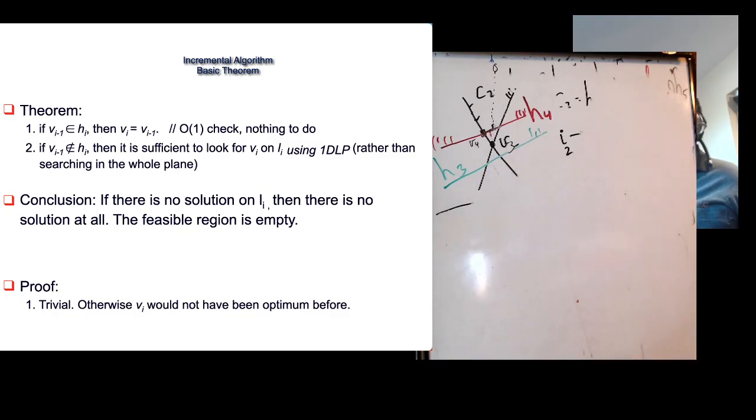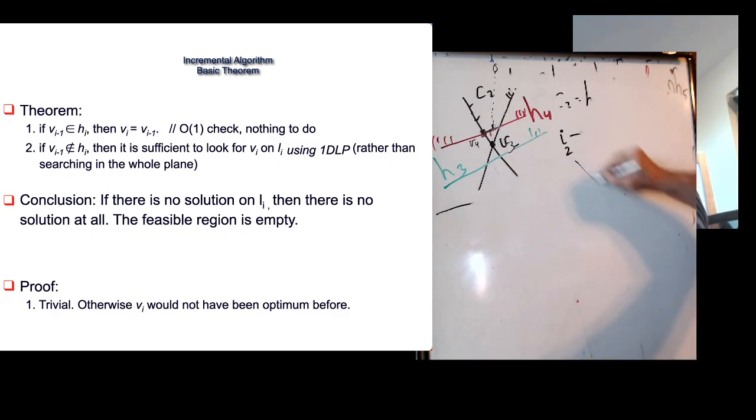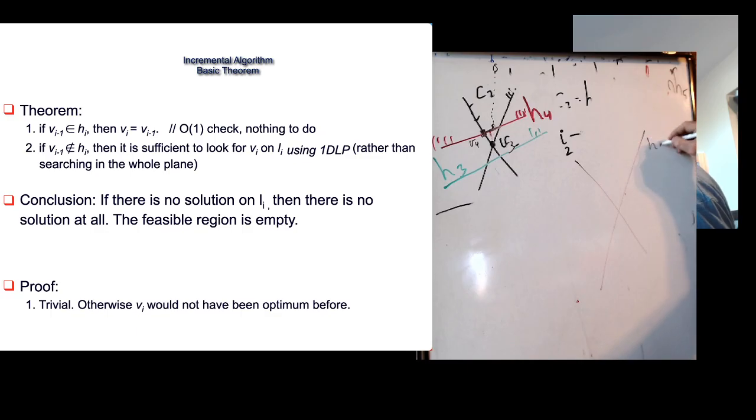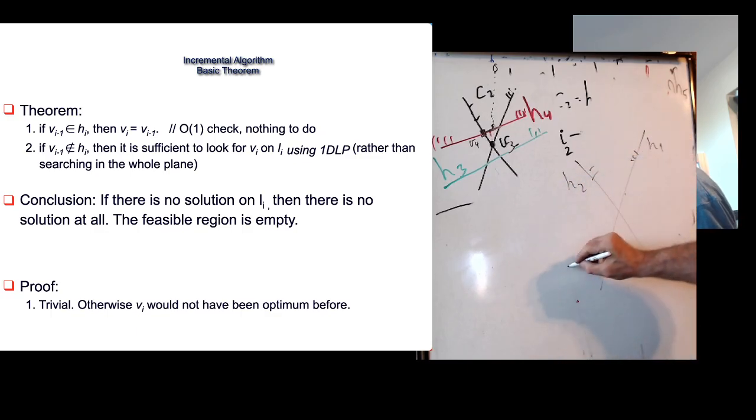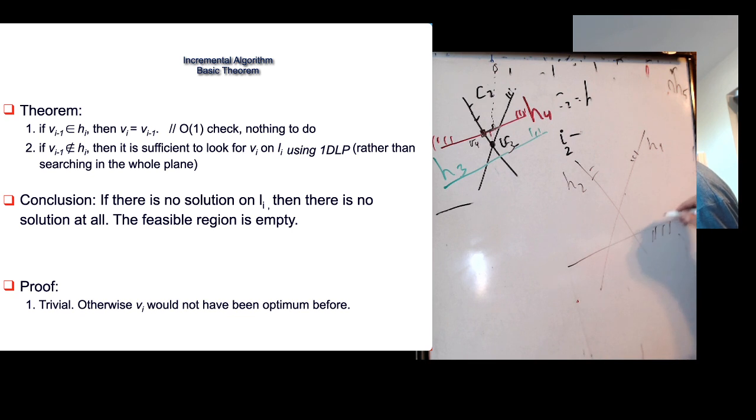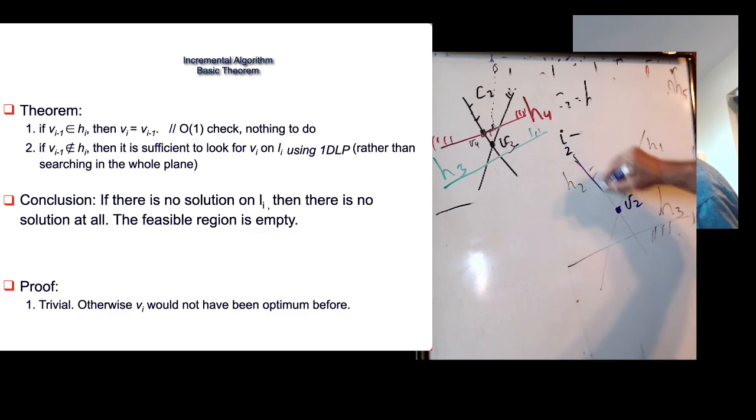Look at this case: H1, H2, just as before. And here is H3. Where is V2? Here is V2. Where is C2?